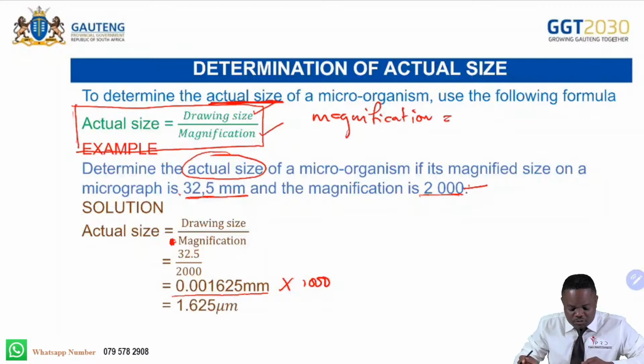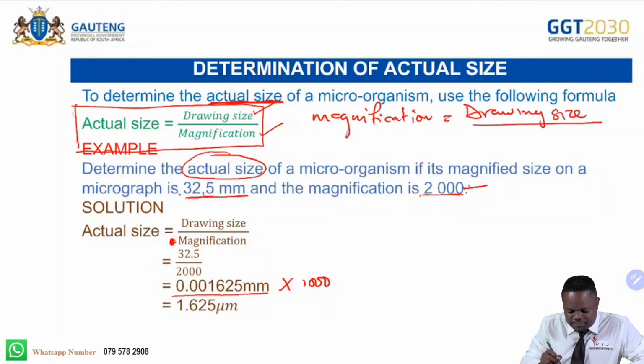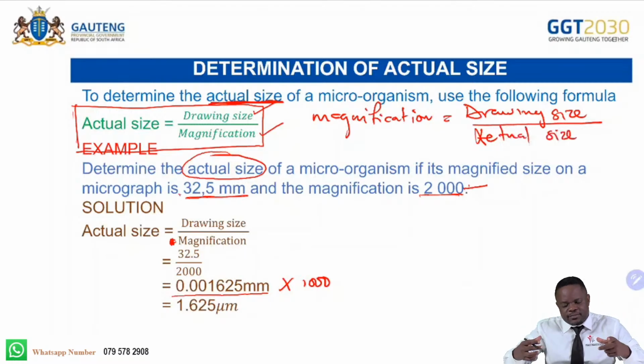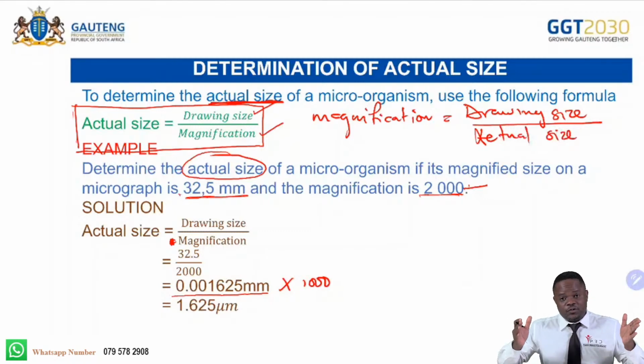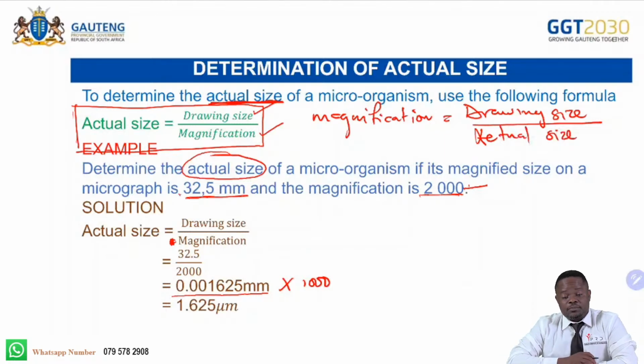Magnification is going to be equal to the drawing size divided by the actual size. Right, so that will give you how many times was that object actually increased in size for you to generate the image. And we said the image that you observe there of your microorganism, we call it a micrograph. I hope it is making sense.